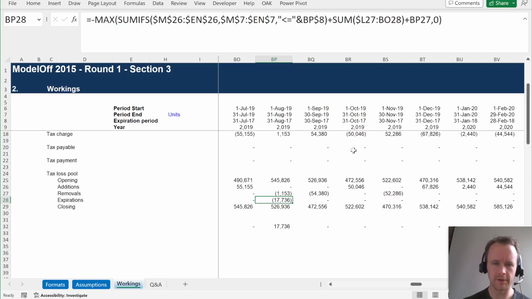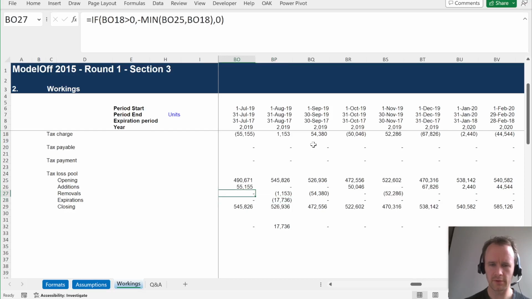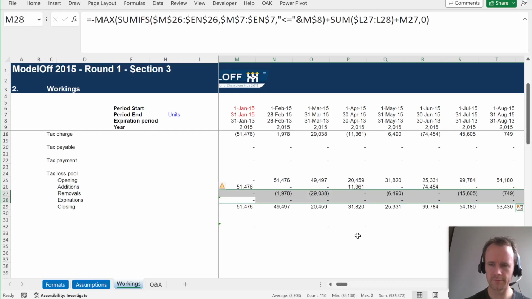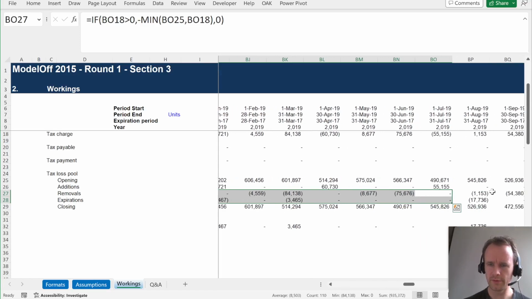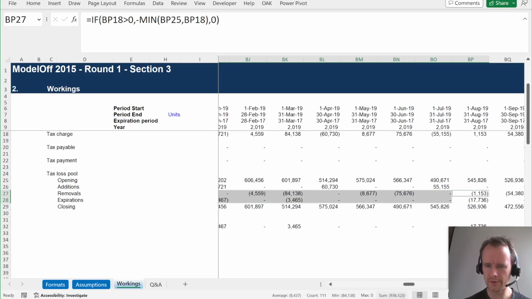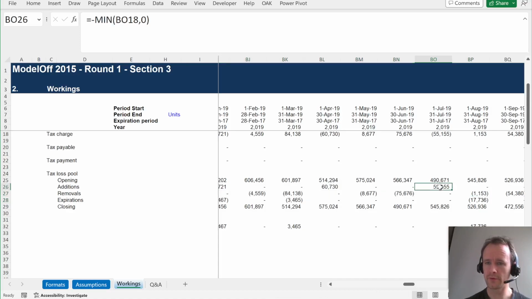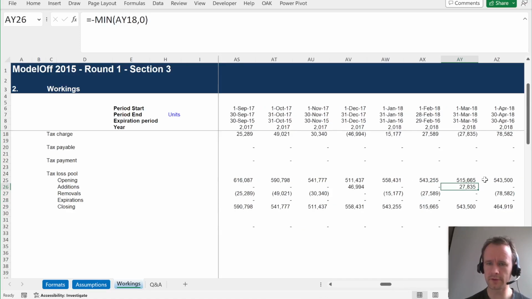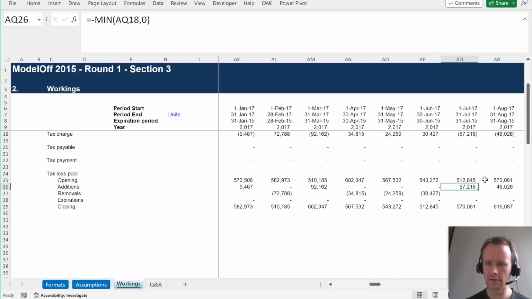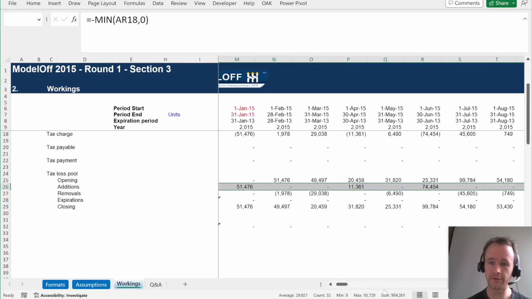But anyway, here, August 2019, we have 17 million to remove. We've used up 936K. What have we added up to 2 years before, which is August 17? We've added 954K.